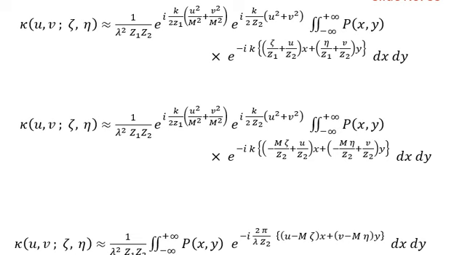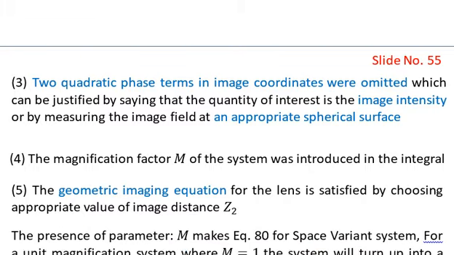If you talk about the amplitude at the image plane, you cannot remove these, except in the case that you are measuring the field at the image plane on a spherical surface. If you assume that your imaging plane is a spherical surface, then these two quadratic phase factors will also be removed, as we have explained in step number 3.